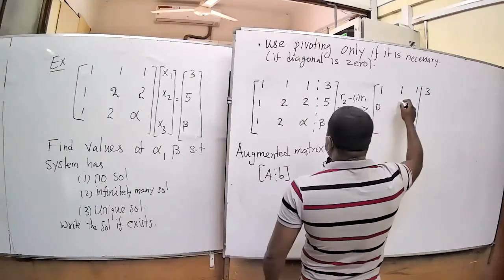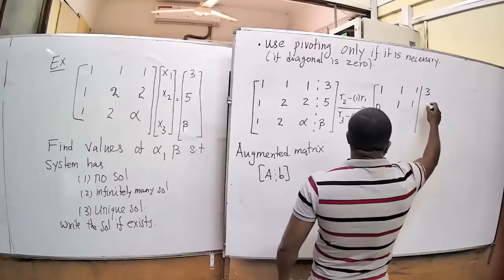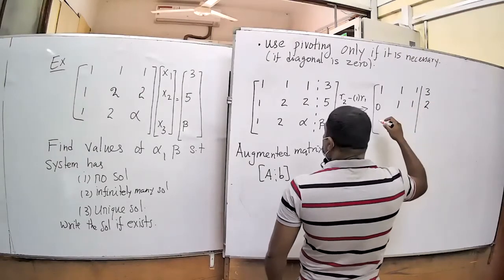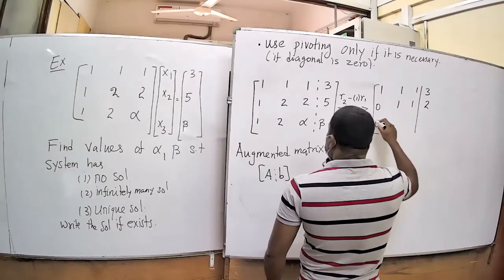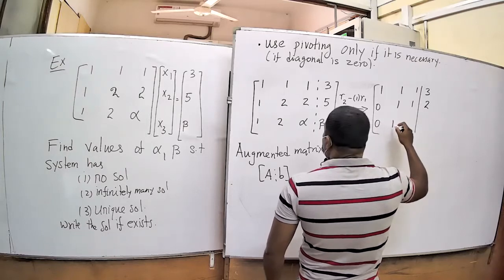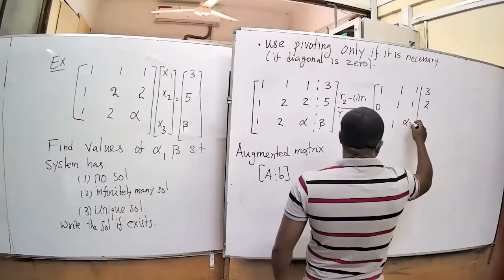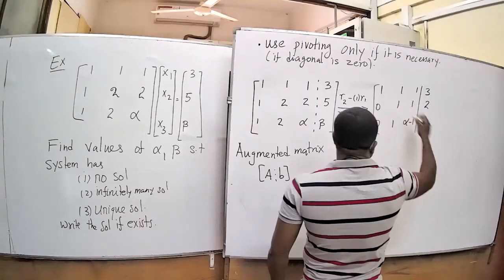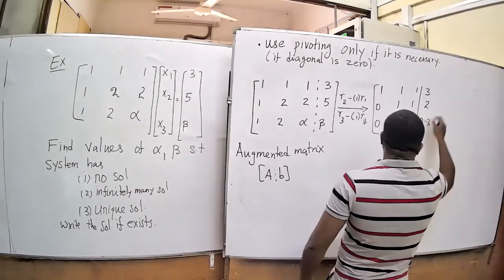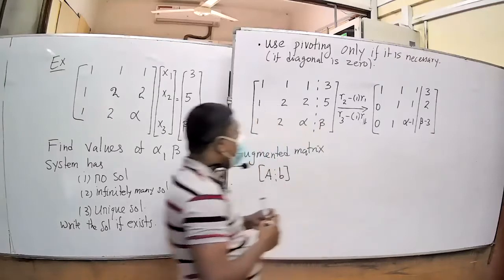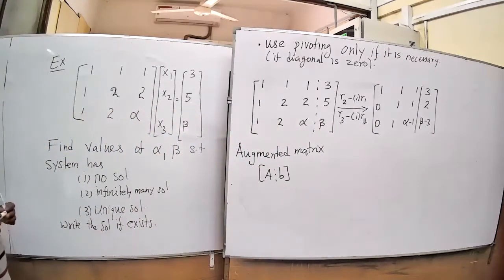Then 0, 2 minus 1 is 1, 2 minus 1 is 1, 5 minus 3 is 2. Then 0, 1 minus 1 is 0, 2 minus 1 is 1, alpha minus 1, then beta minus 3. So you can check this work: R2 minus R1 and R3 minus R1.